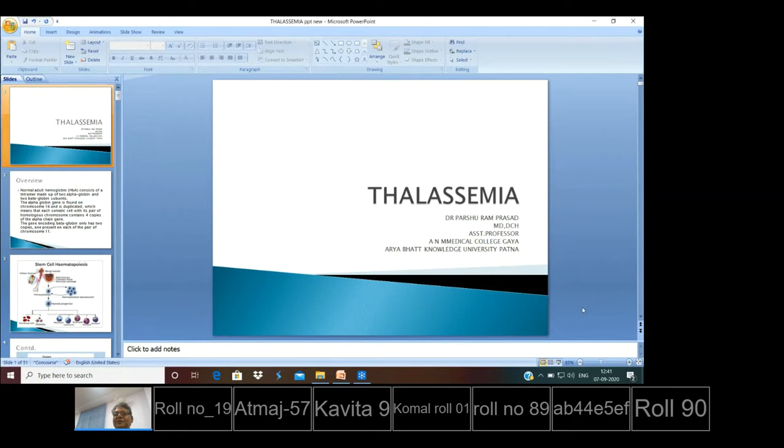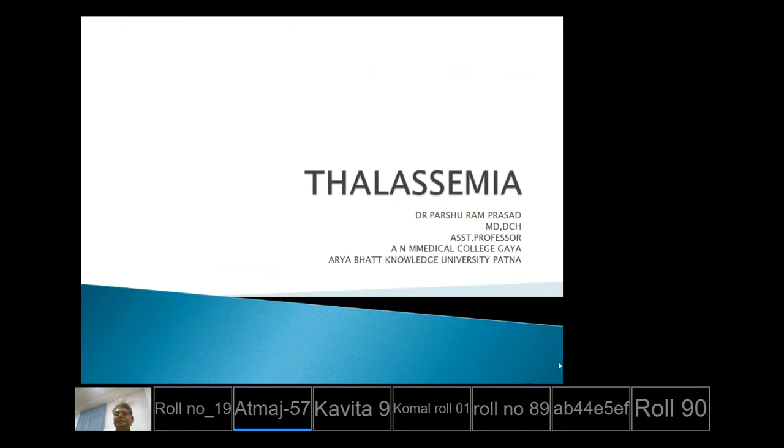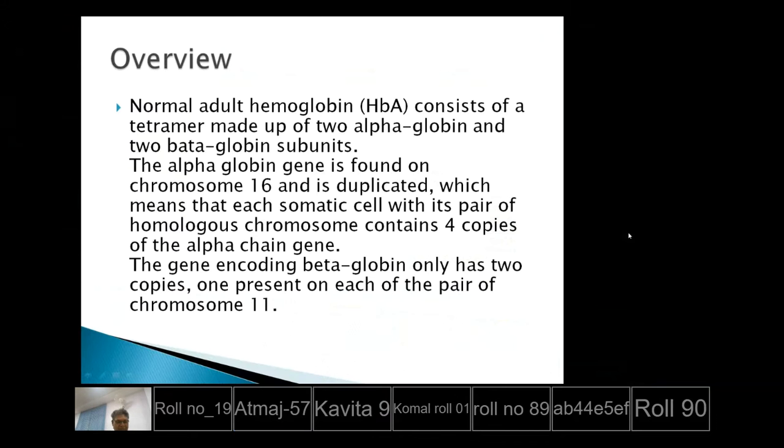Today's topic is thalassemia. General introduction. Normal adult hemoglobin HbA consists of a tetramer made up of 2 alpha globin and 2 beta globin subunits.